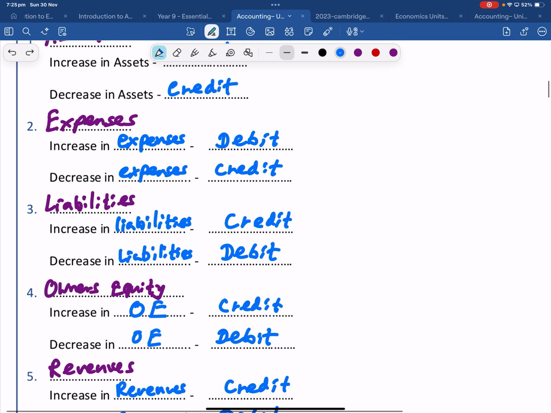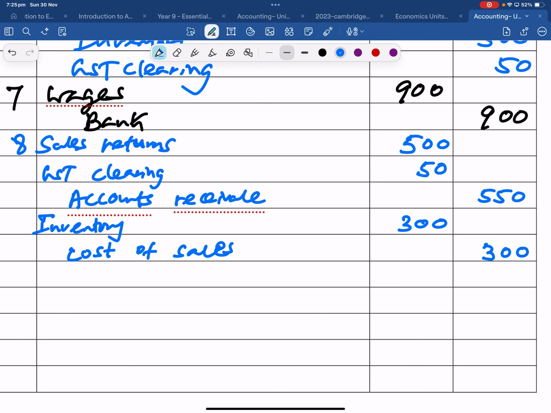Expense increase is debit. But at that point, what happens to our expense? Decrease. Yes. Why? Listen guys, this is important; even the same mistake you can make. When we sell, we create an expense.